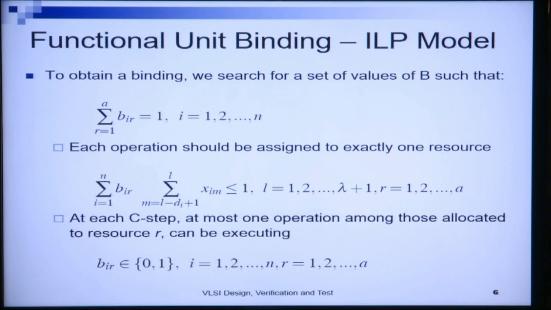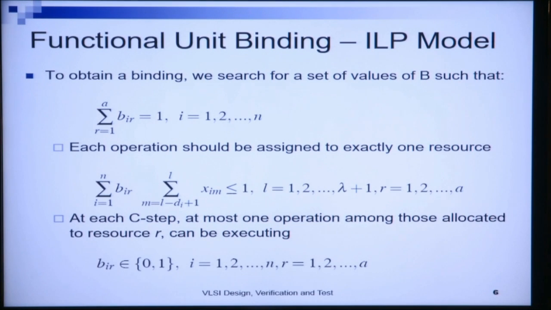So, this term gives me whether an operation is active or executing at time step l, and this term gives me all operations that are bound to resource r. The multiplication of these two terms will give me all those operations bound to resource r and currently executing.